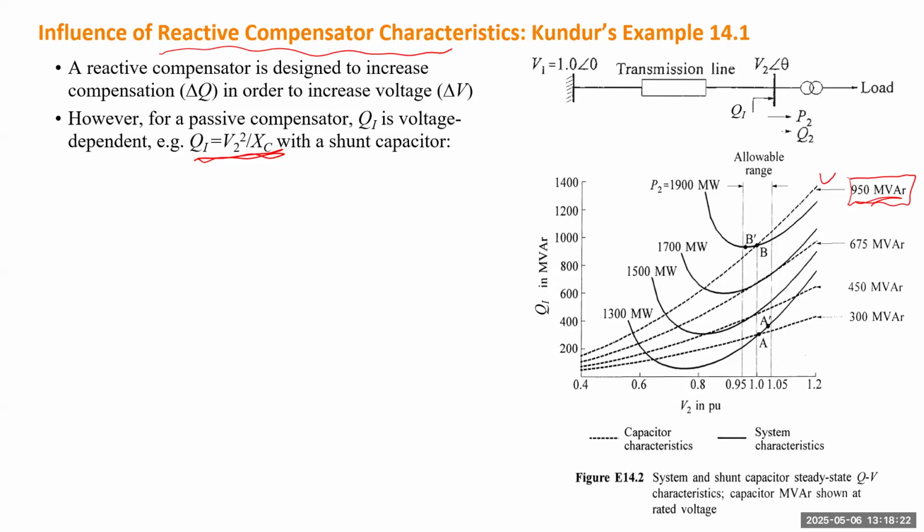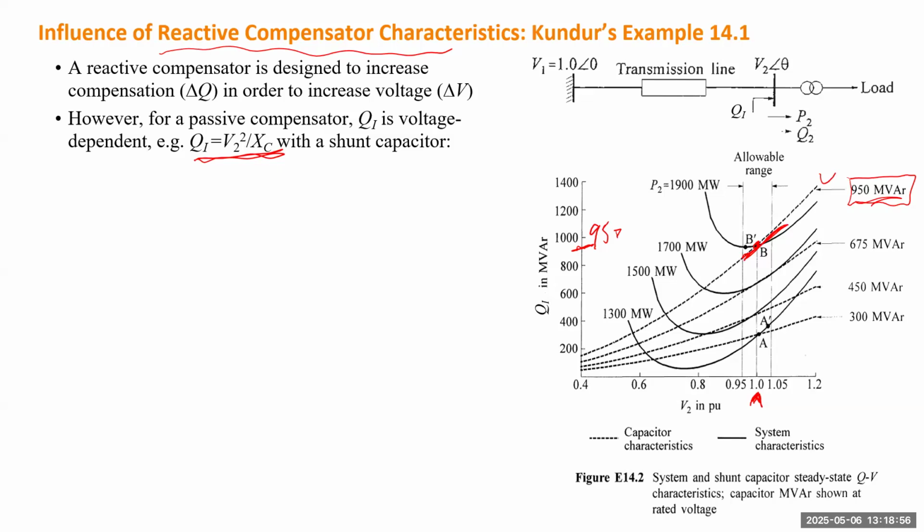What that means is, if you can operate the voltage at exactly 1.0, then you draw a vertical line, and it will intersect that characteristic at point B. So point B indicates 950. But if you cannot operate the system at exactly 1.0 per unit voltage, that var will change as a quadratic function near that point.